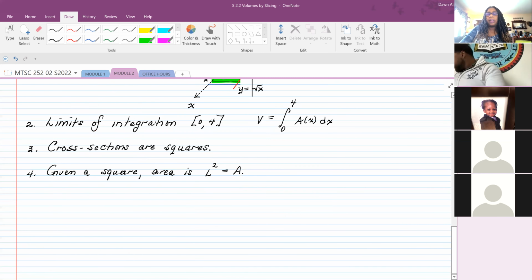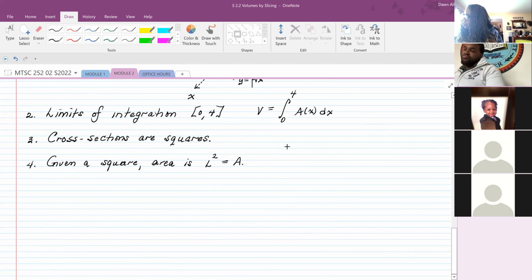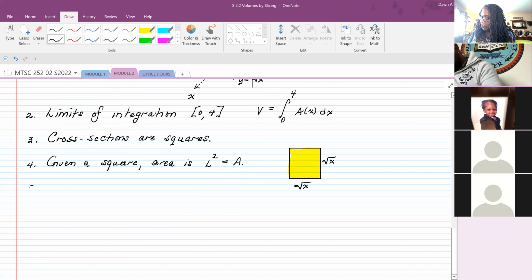So my squares look like this, where the bottom is the square root of x. So this side has to be the square root of x, because it's a square. So now I know that A of x is the square root of x times the square root of x, but that's just x.